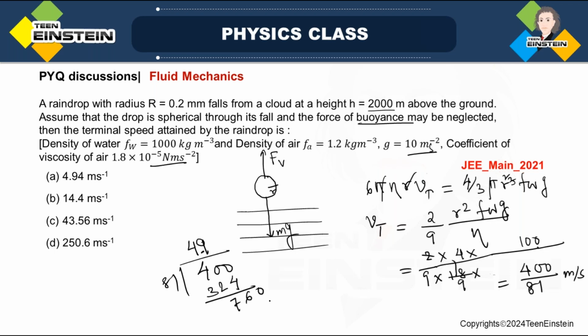One point will come here, so 9, this is 72. This is 1, this is 4, maybe one more 0. So there will be again 4, okay, coming up. So see, it is coming around this one. So 400 divided by 80 gives you nearly 4.94 meter per second. All right. So this is the terminal velocity of the raindrop. Okay.